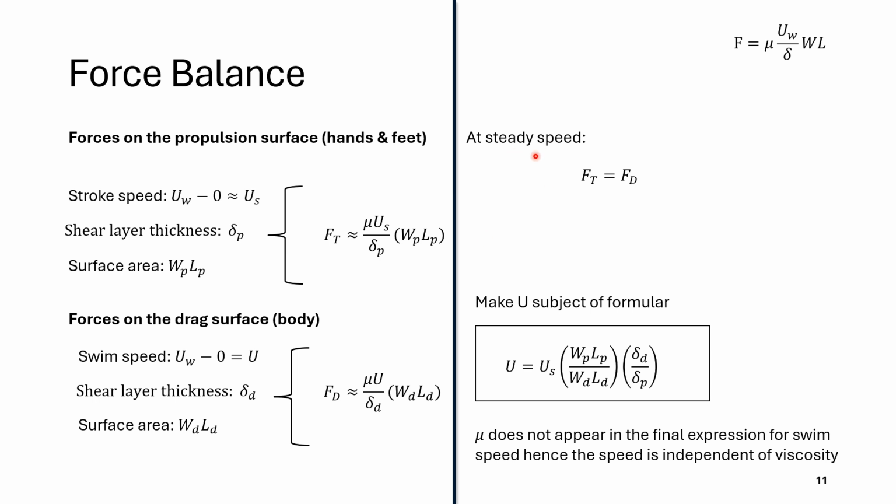If we are swimming at a steady state, the forces have to be balanced. We've got the force of propulsion is equal to that drag force. So take a second, draw out the equations and see what might cancel out.